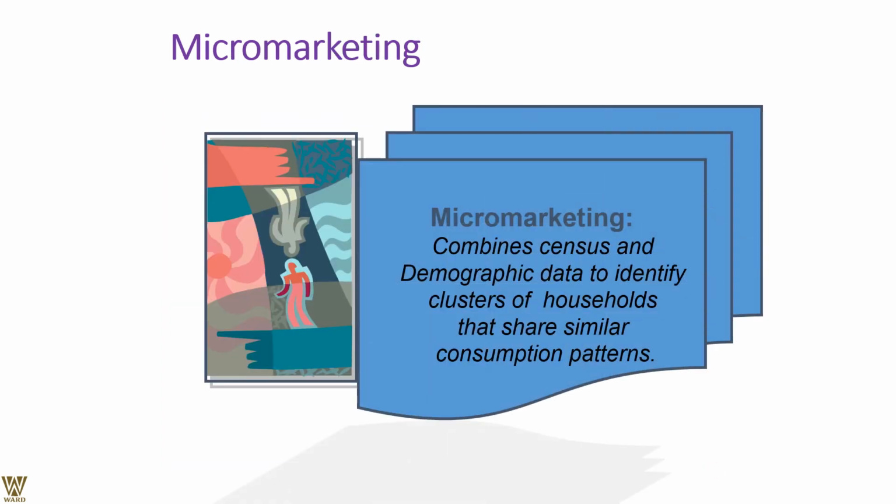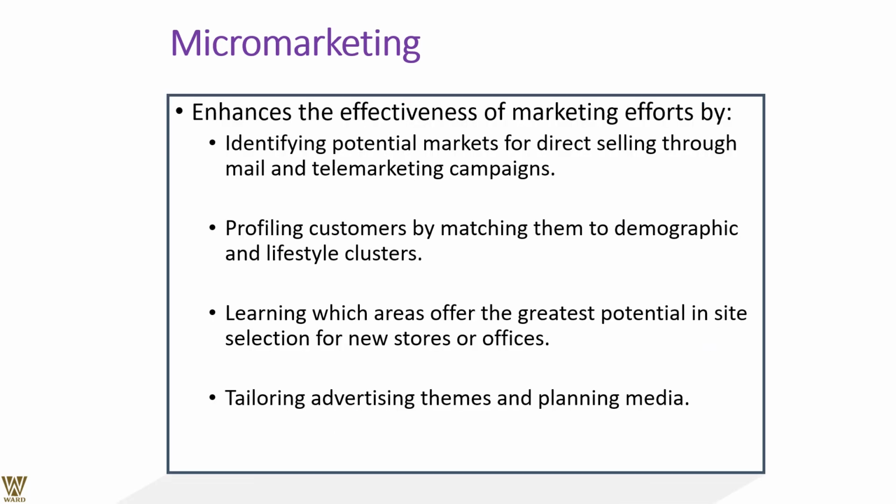Micro marketing combines census and demographic data to identify clusters of households that share the same consumption patterns, as the case might be. It enhances the effectiveness of marketing efforts by identifying potential markets for direct selling through mail and telemarketing campaigns. It profiles customers by matching them to demographic and lifestyle clusters, learning from areas that have immense potential for site selection of new stores or offices, and tailoring your advertising themes and planning media.